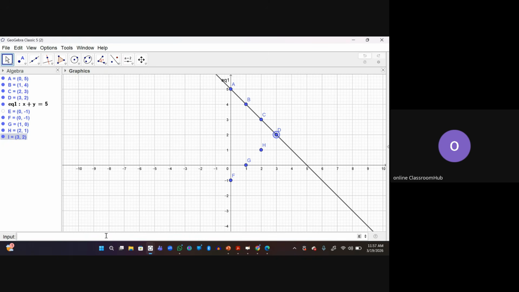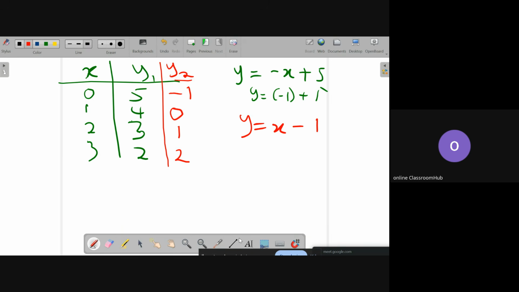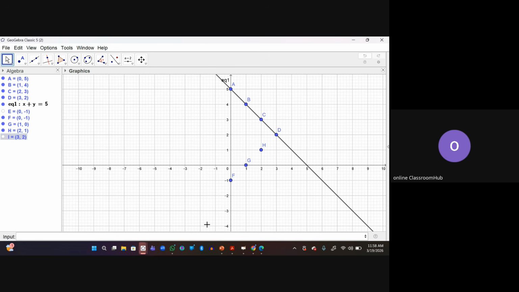So now let us plot our graph. Sorry, our line. Let us draw our line. y is equal to x minus 1.